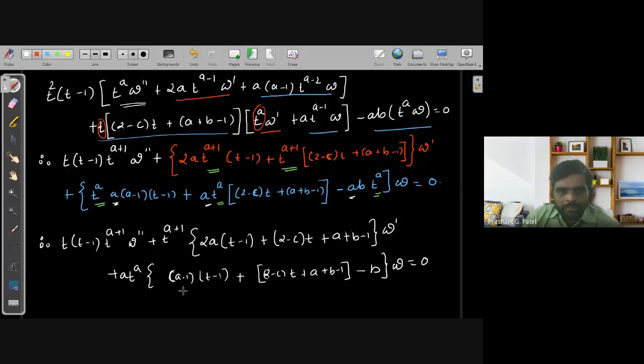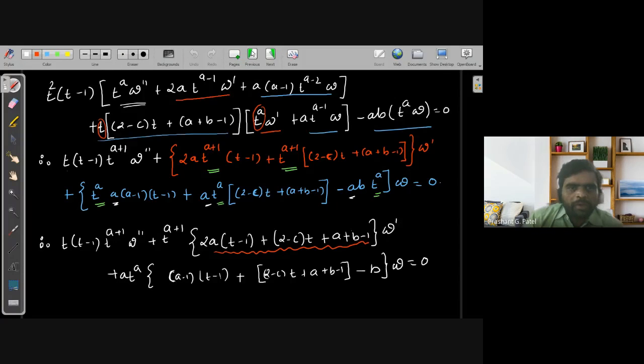Further, I can simplify this quantity and also this quantity. I can write down what are the coefficients of t separately, what are the constant terms separately. So that we can write down in the next slide.